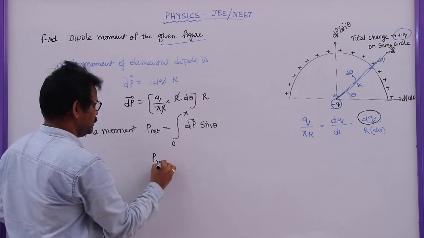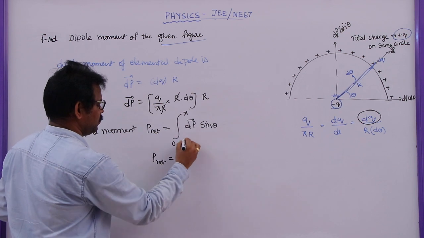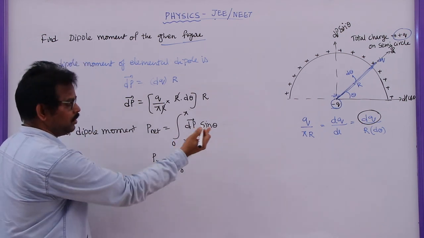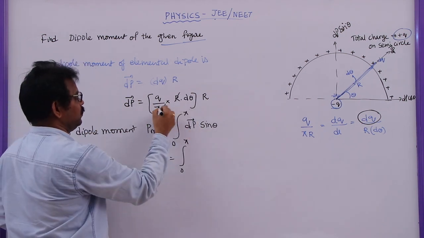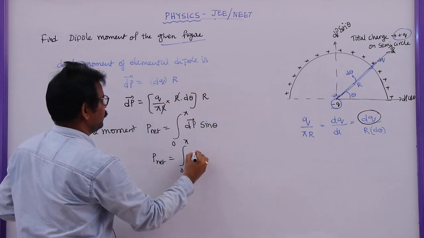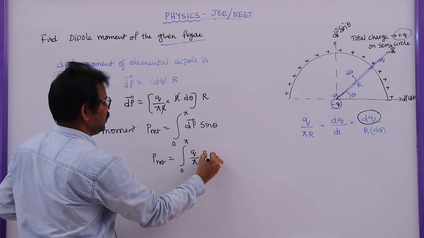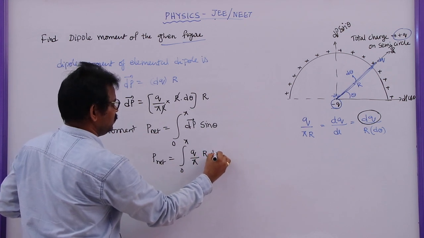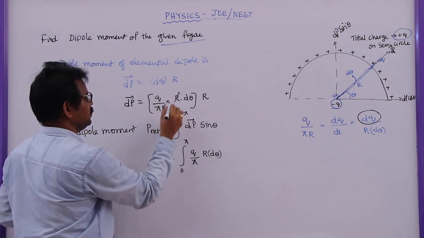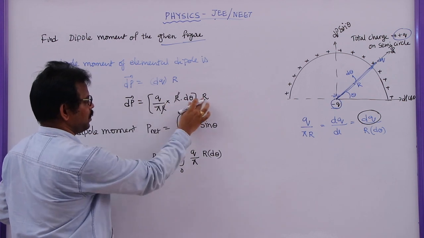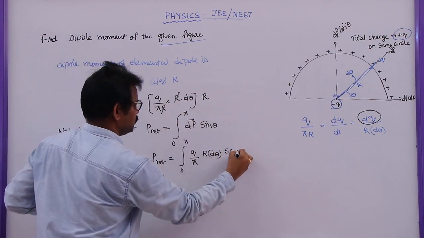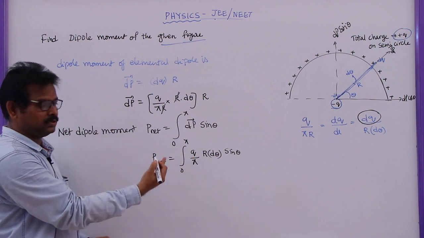Here you will get P net as the integral from 0 to pi, where dp is this one, and the r's get cancelled. This becomes q by pi r d theta sin theta. So what are the constants here?